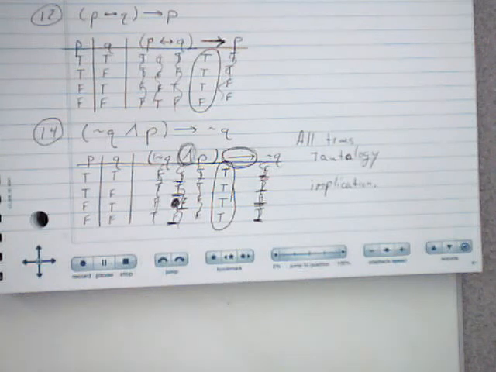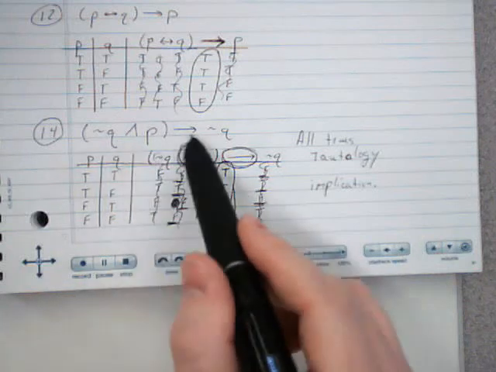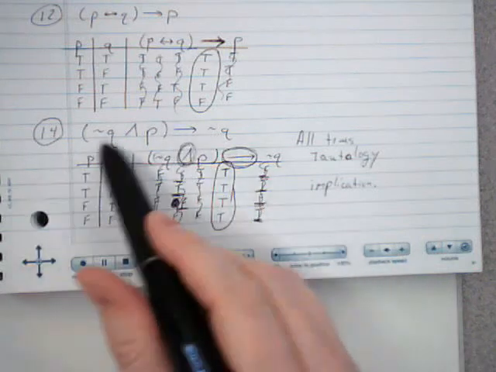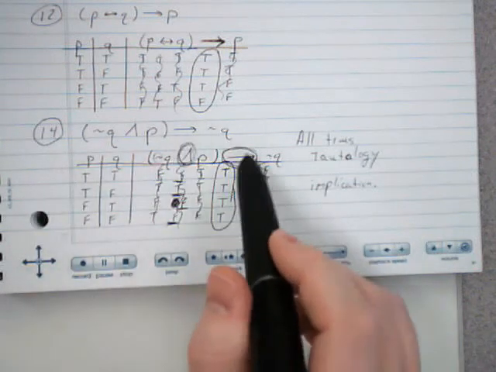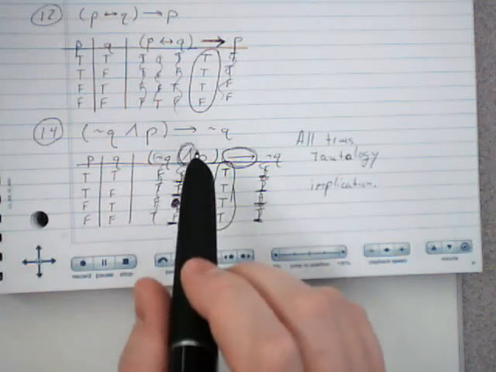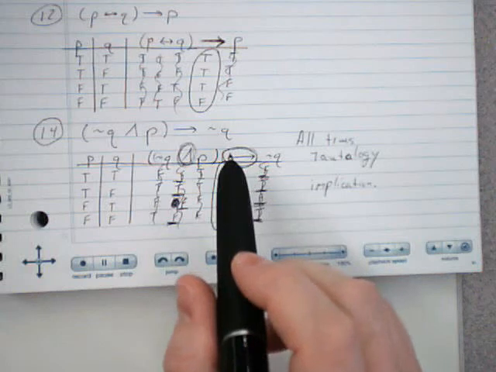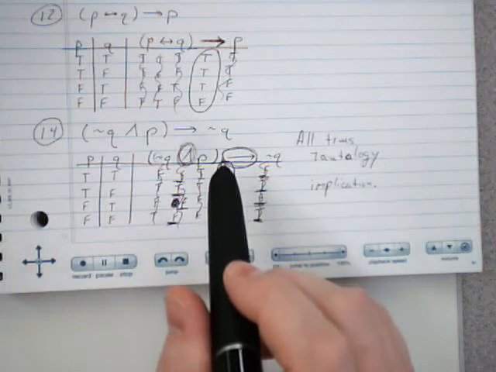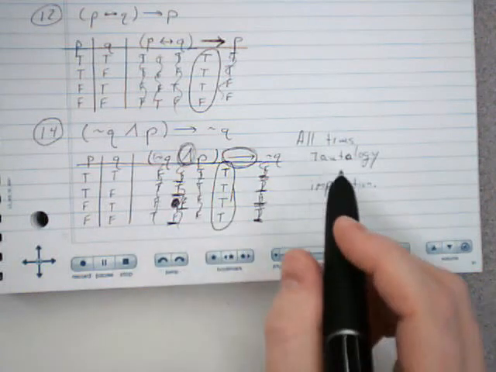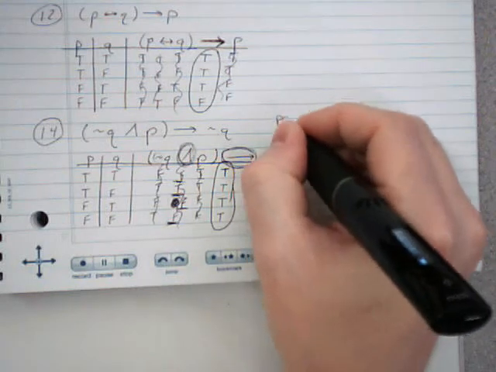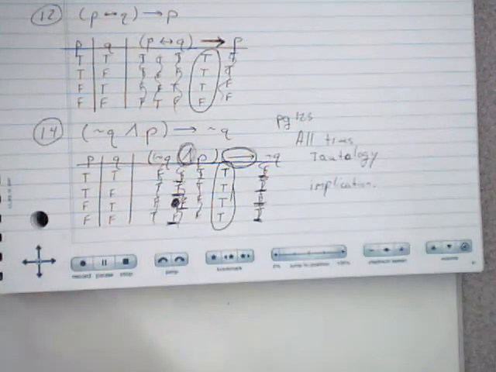So there might be a question that says, is this a tautology, an implication? If it's all false, it's called self-contradiction. Page 123 has those definitions on it, and a few examples there too.